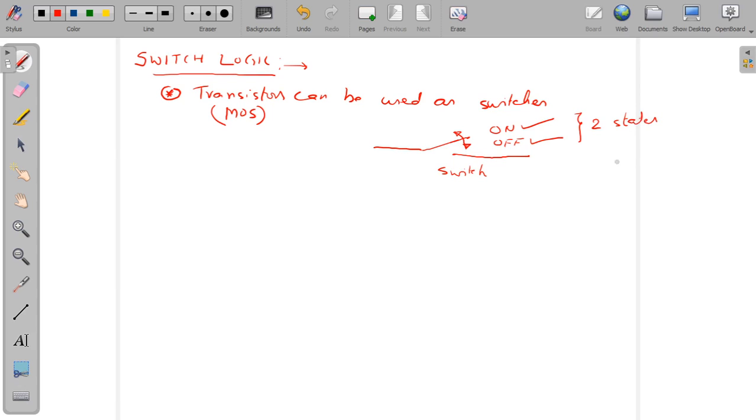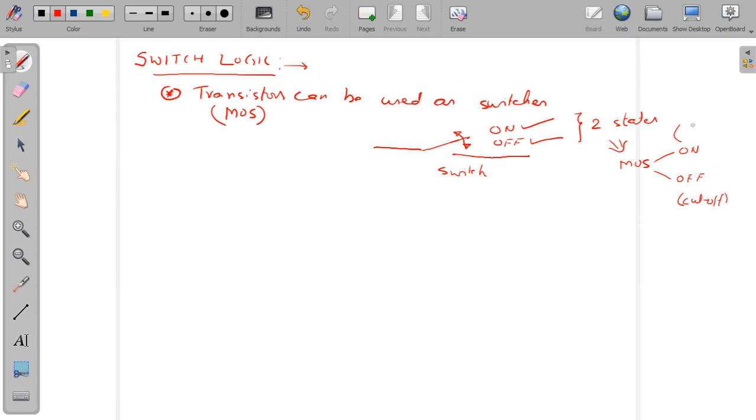This function can also be achieved with the help of MOS devices. That's why I'm saying that MOS transistors can be used as switches, as they can also operate either in on state or in off state. When it is in off state, we say it is operating in cutoff state.